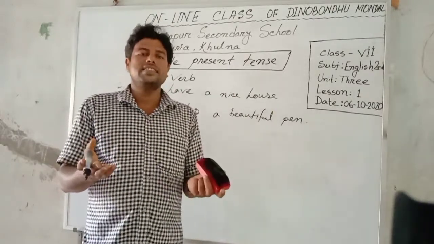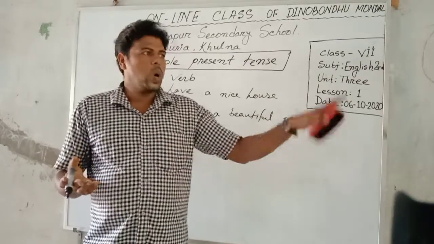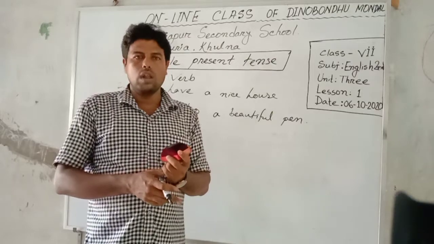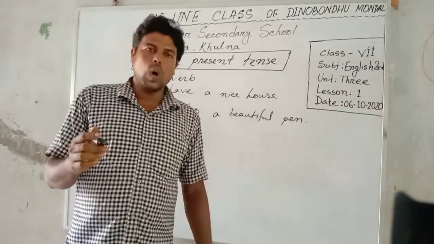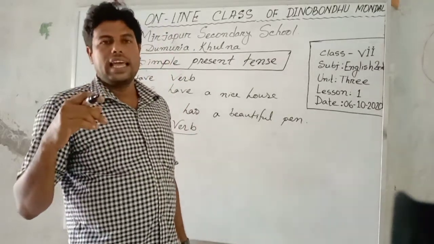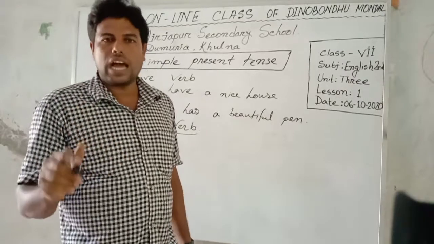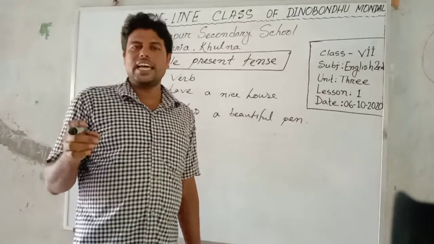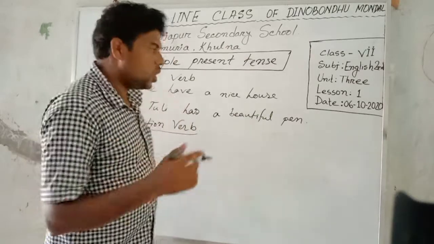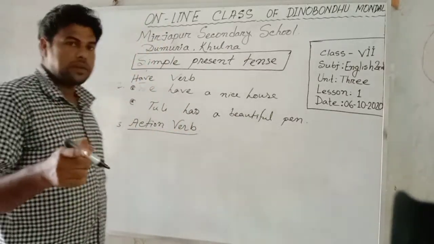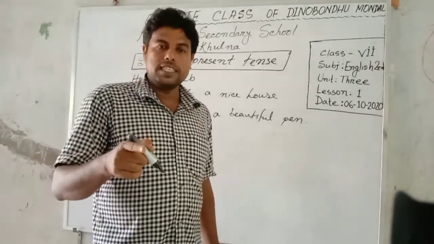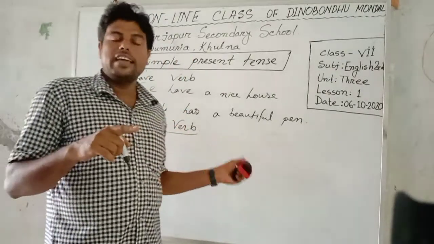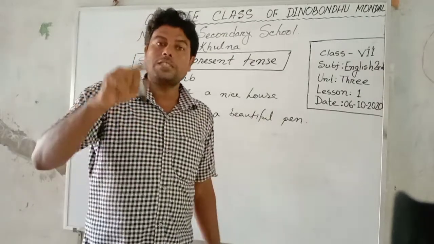Here come is an action verb. Go to home, go to the school. Go is an action verb. Eat, write, read, etc. All these are action verbs. So action verbs are used in the present simple with their present form.